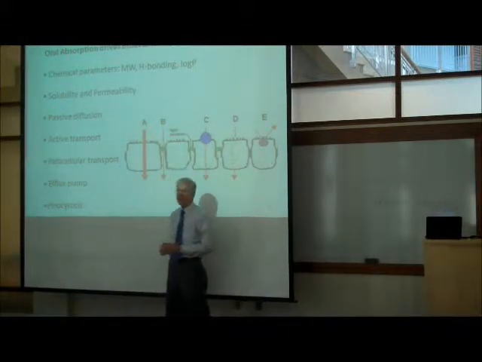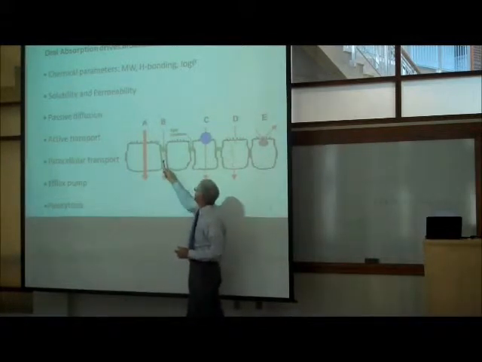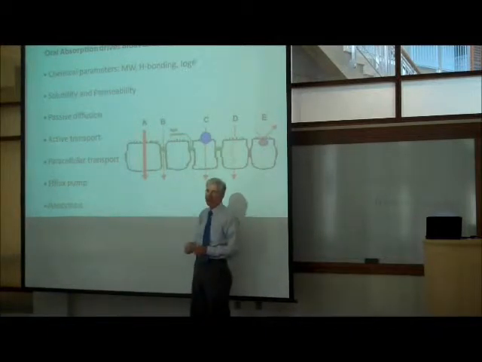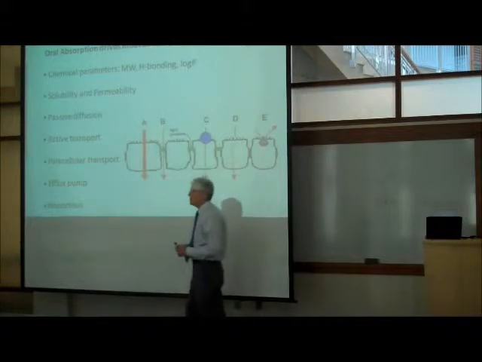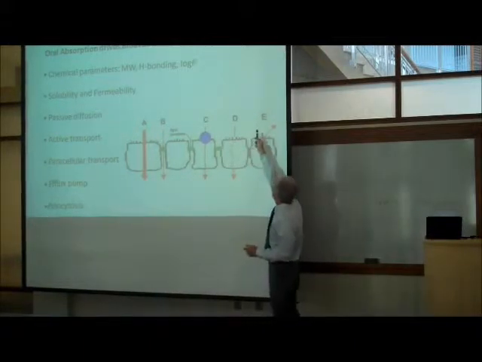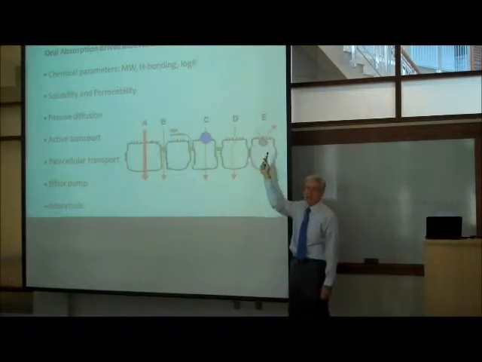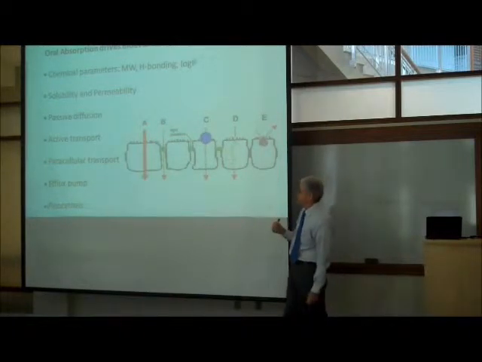You also have paracellular transport, where in this case the drug is passing through tight junctions or gaps that exist between the cells. You can also have efflux pump transport, where in this example E, what happens is that we have proteins expending energy, but they are actively pumping the drug out of the cell as quick as it enters the cell.